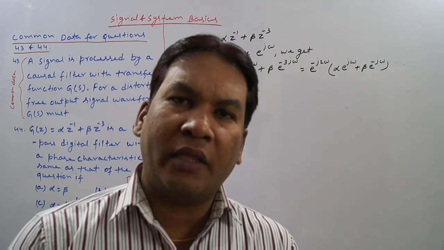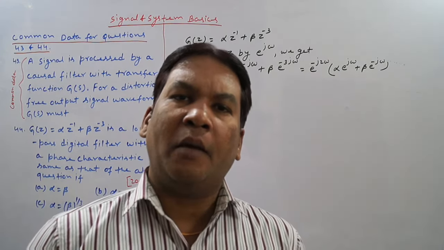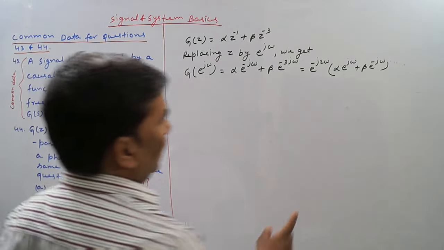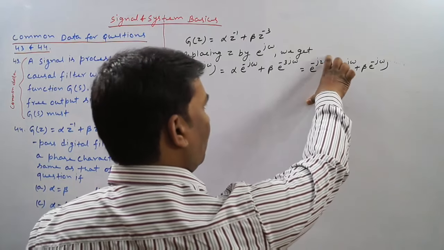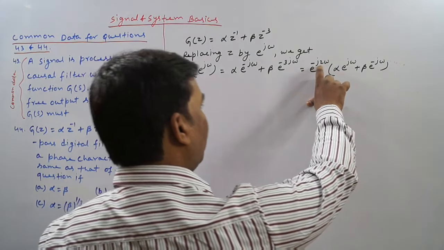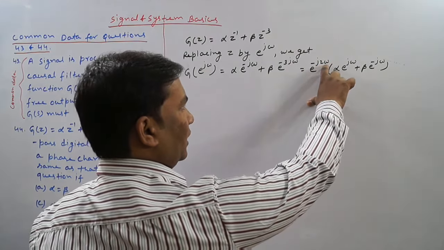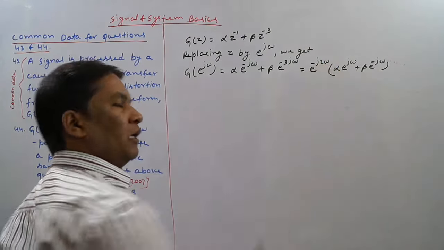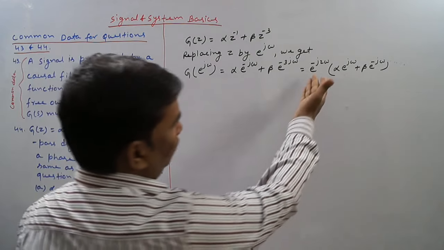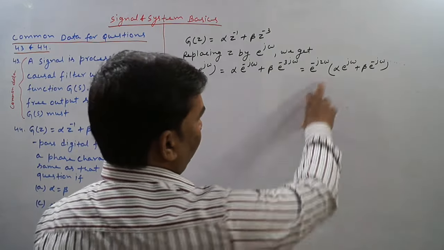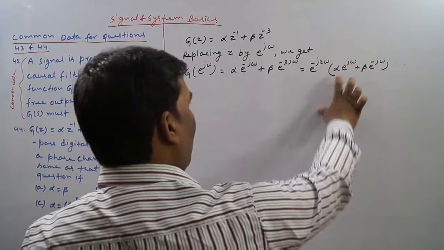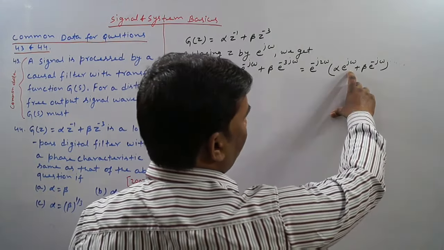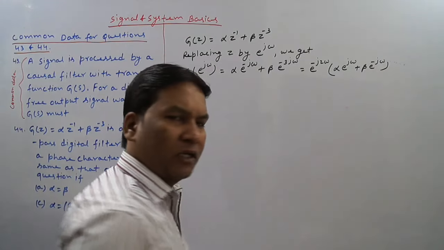This is only possible if the phase is proportional to frequency, because here all the frequency components are shifted by twice their frequency, since e to the power minus j2 omega is there. But the remaining part is not proportional, because alpha e to the power j omega plus beta e to the power minus j omega is associated with it.